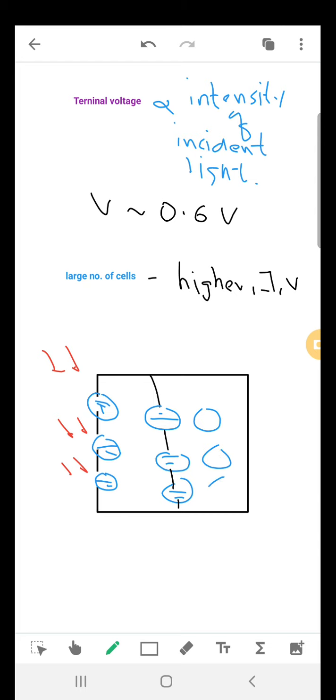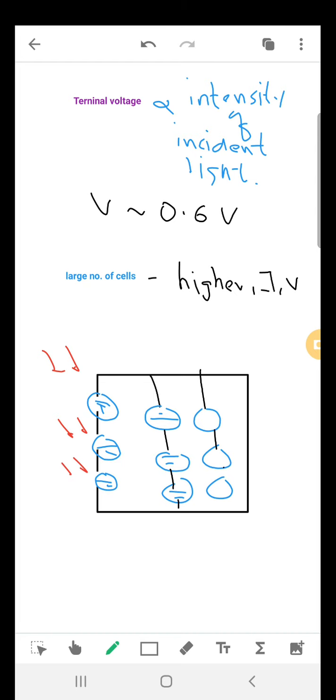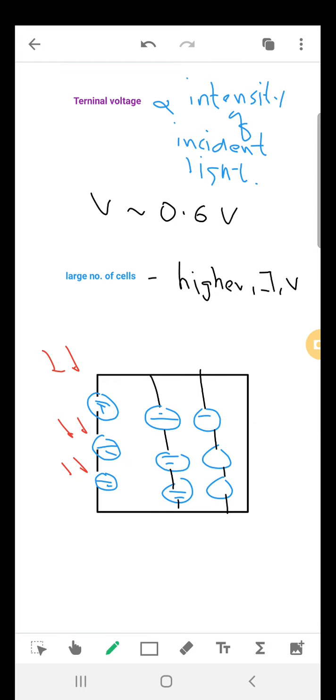The light is falling onto these cells, and this is where the voltage drop is taking place.